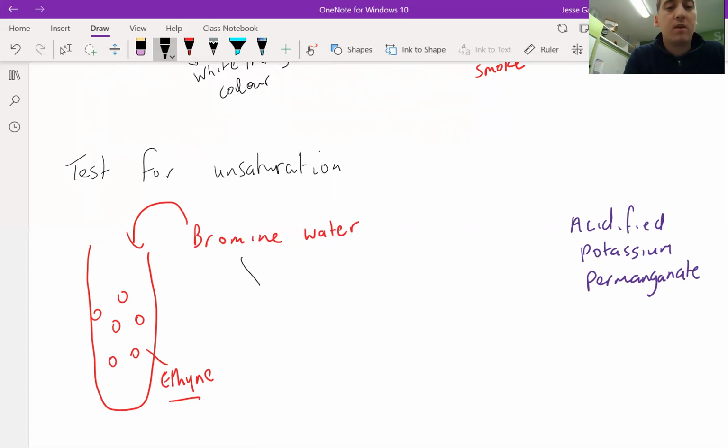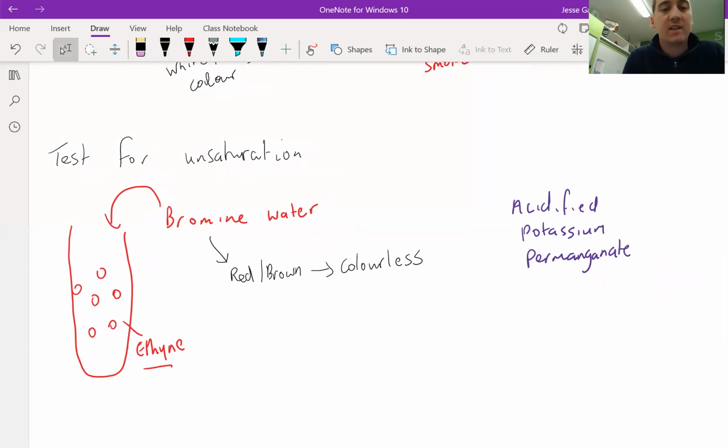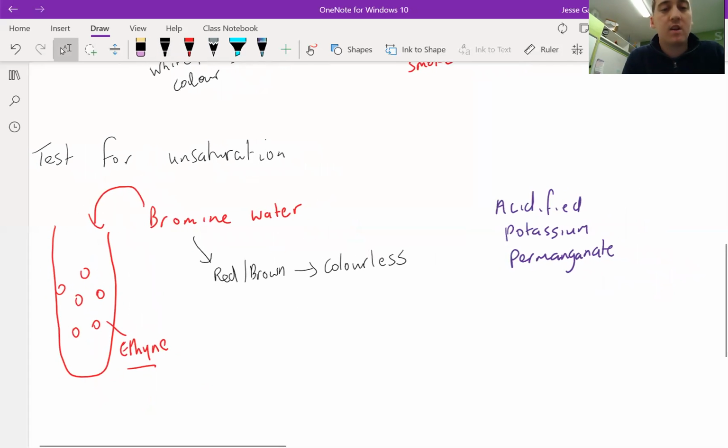When we react bromine with an unsaturated compound, it turns from red or brown to colorless. So this shows us that the bromine has reacted with an unsaturated compound, Ethine. If there's no Ethine present, the bromine won't react with it and it will stay red or brown.